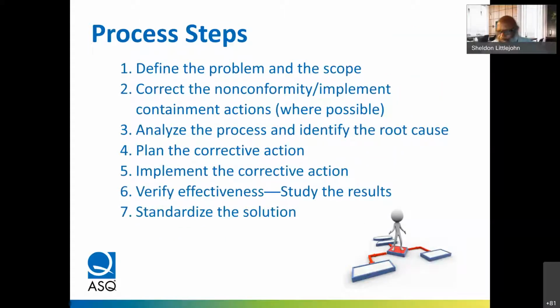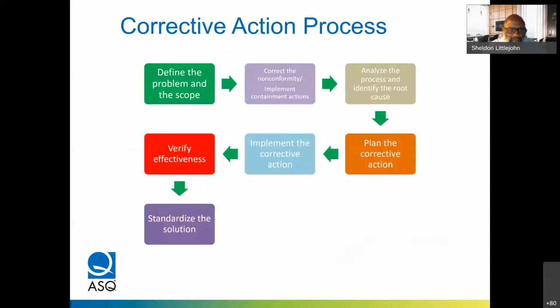In our presentation, we'll take a 7-step approach. So we'll look at this through 7 steps and take a breakdown so we can bring about a greater granulation and drive towards the process being more successful. The first step we'll look at is defining the problem and the scope of the problem.